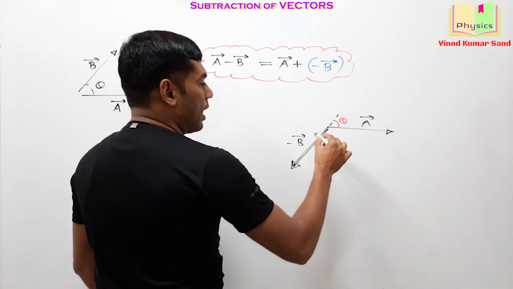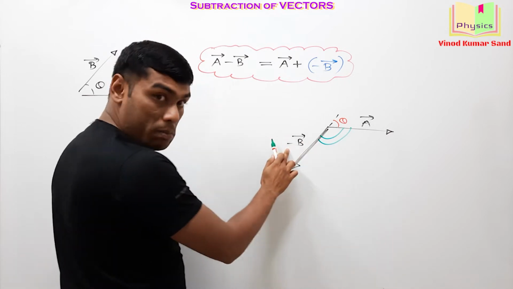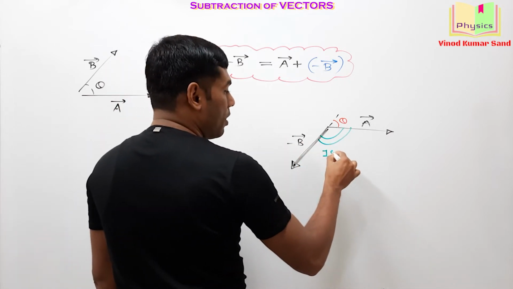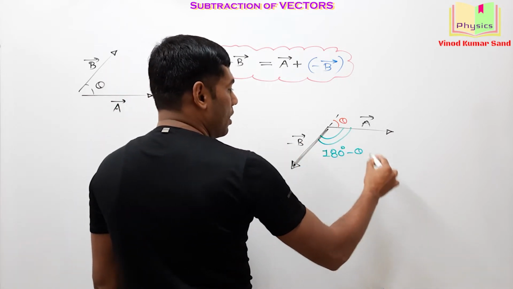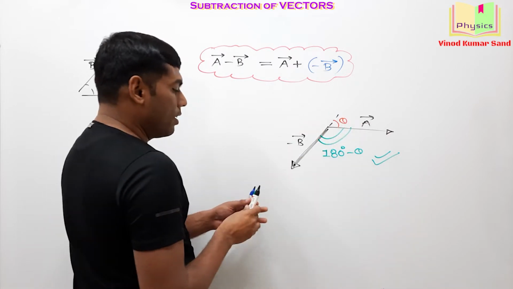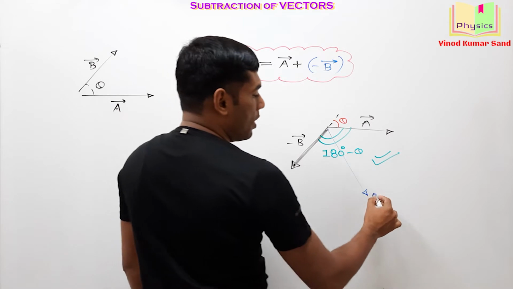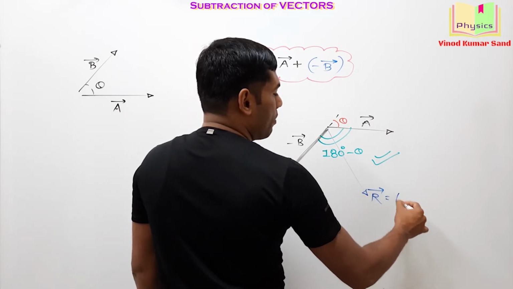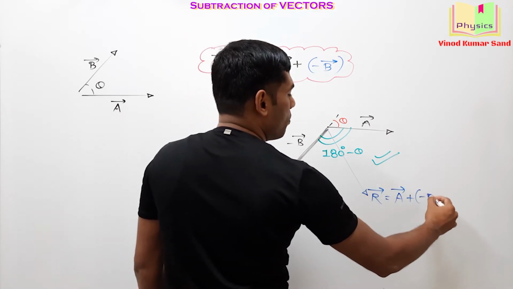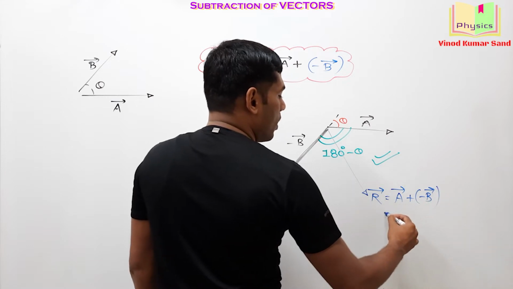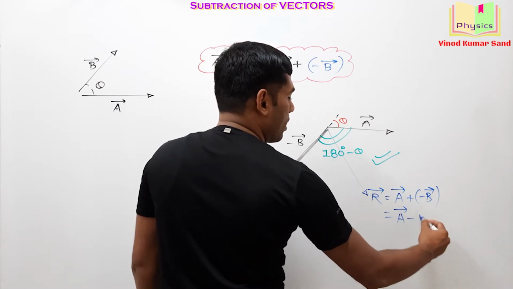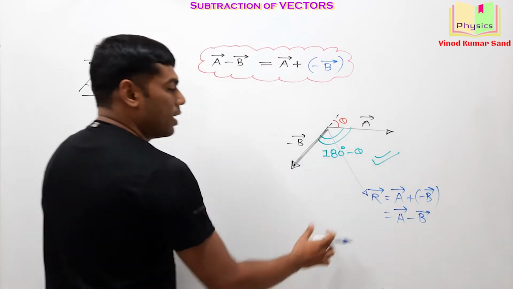It means the angle between a vector and minus b vector will be 180 degree minus theta. Their resultant vector will be lying somewhere in between them. We will call it r vector, and r vector is a vector plus of minus b vector, or technically we can write it as a vector minus b vector.